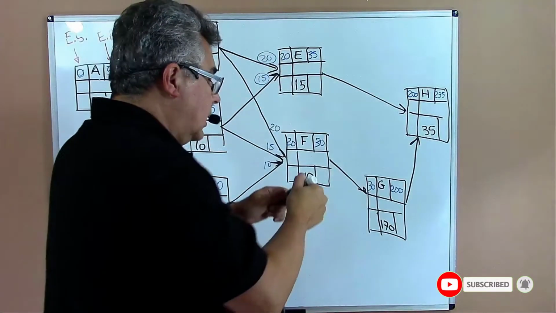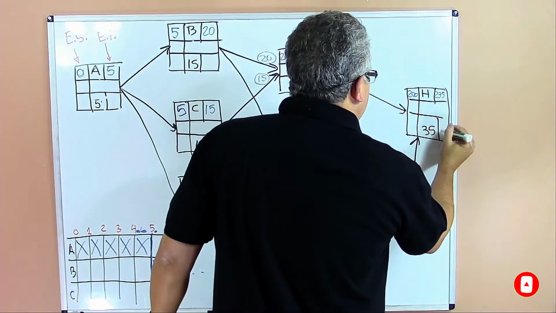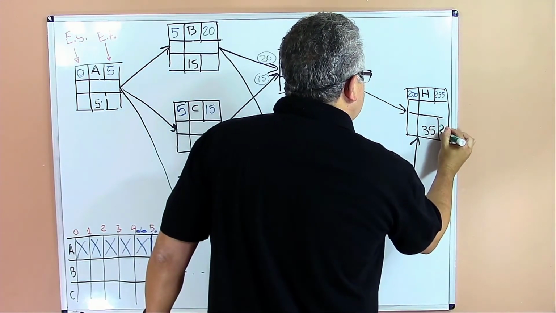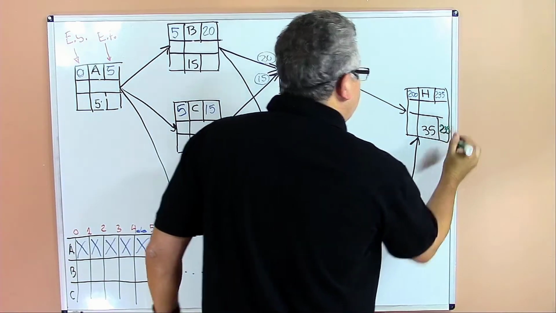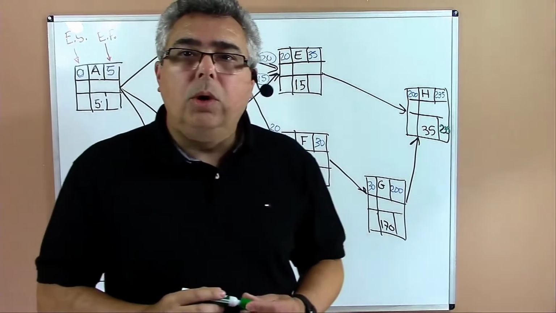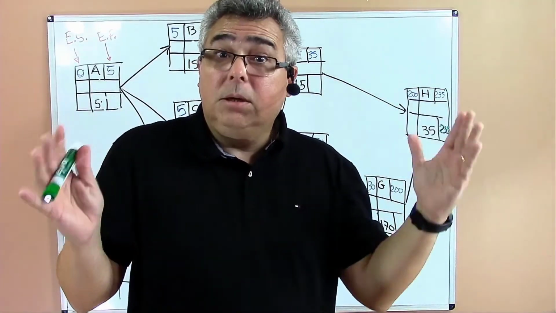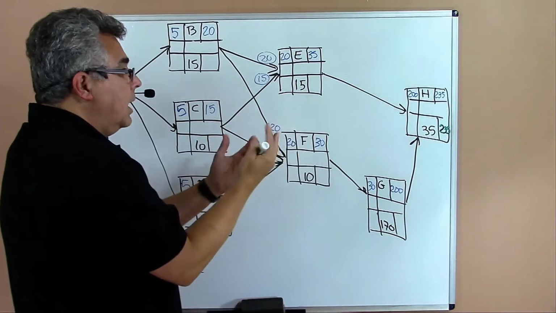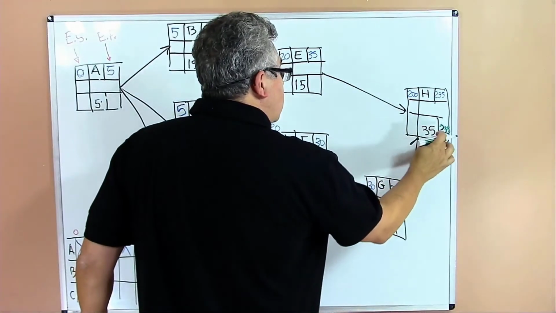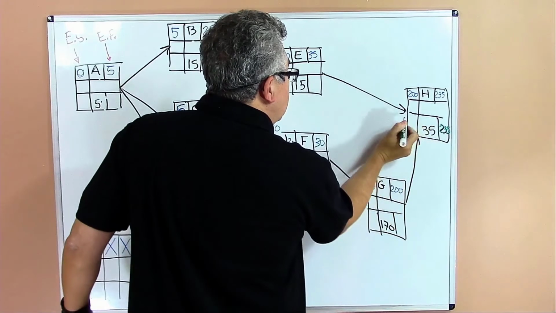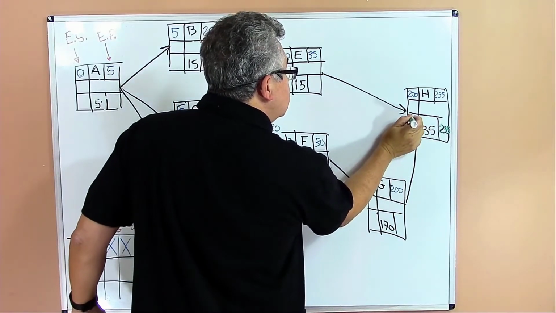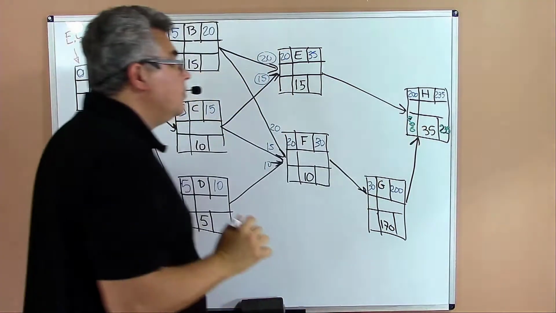Okay, so let's start. I'm using the green to show that. So we start with the end day of the project, day 235, and we'll be subtracting: 235 minus 35 is 200, okay?